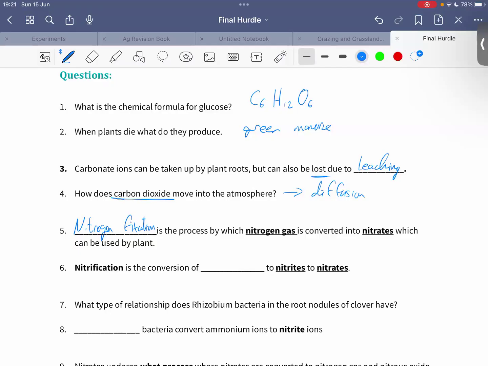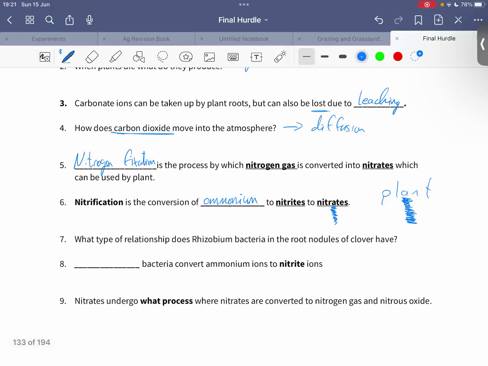Nitrification is conversion of what? From nitrites to nitrates. Plants take up nitrates. So conversion of ammonium to nitrites to nitrates.